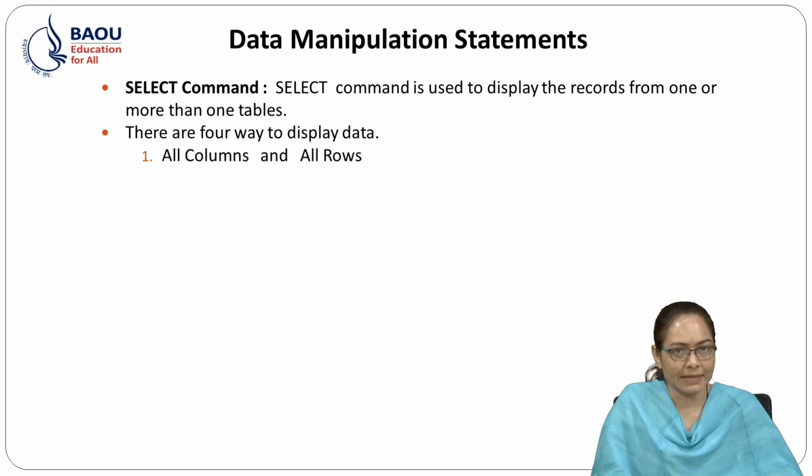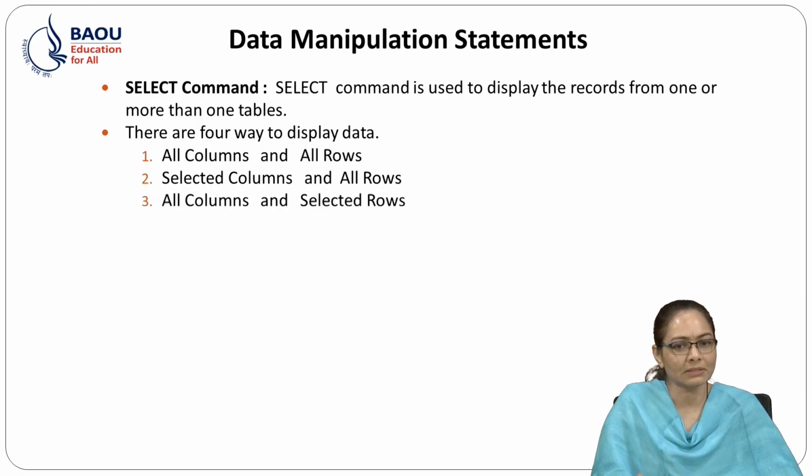We write the select command which is used to display all the columns and all the rows. Second is selected columns and all the rows. Third is all the columns and selected rows. And the fourth way is to display selected columns and selected rows.